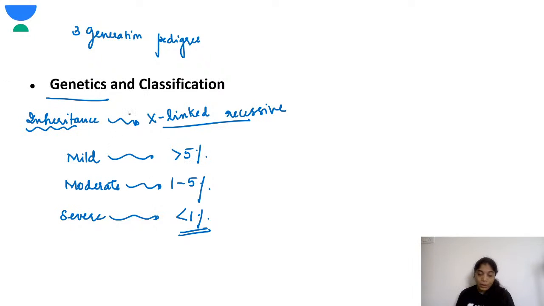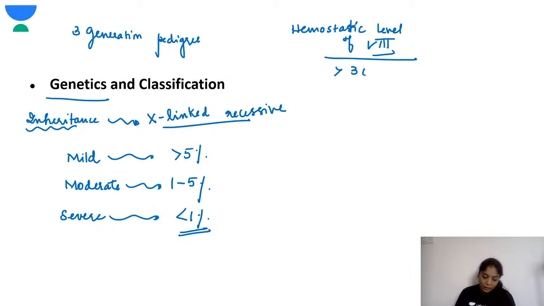But what is the hemostatic level? To maintain hemostasis in the body, what is the hemostatic level of factor 8? It should be more than 30 to 40%. To maintain hemostasis in the body, there should be at least 30 to 40% activity of factor 8, while for factor 9 it should be at least 25 to 30%.